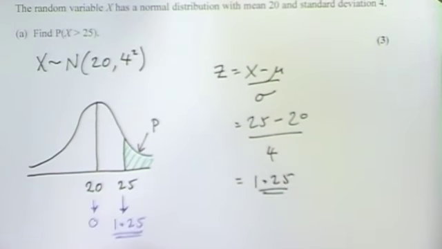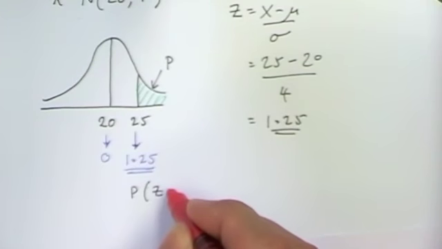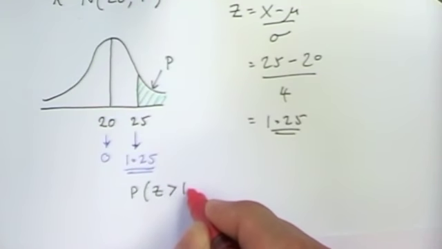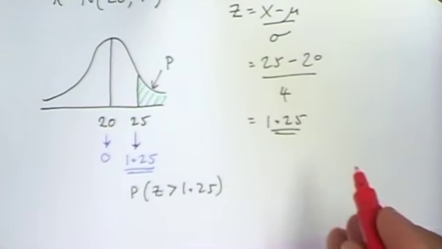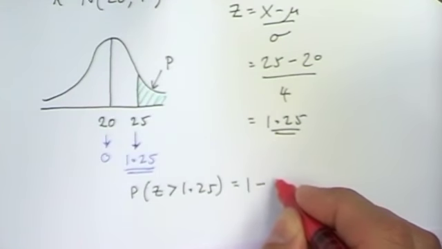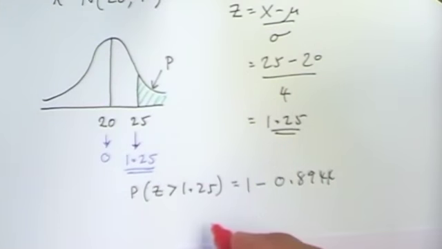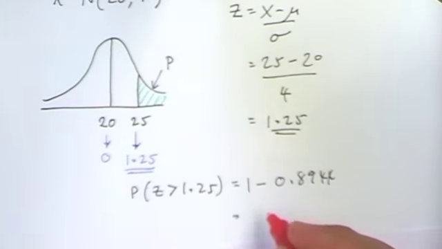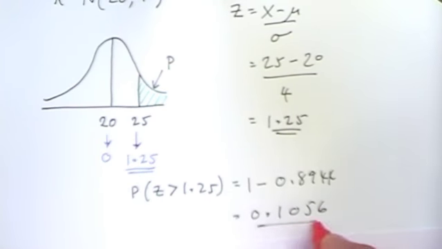So probability of z being greater than 1.25, which is the same as greater than 25 of the actual value of x, equals 1 take away our looked up value 0.8944, and that comes to 0.1056.